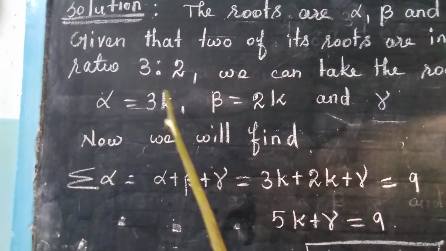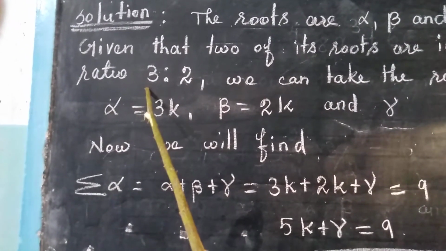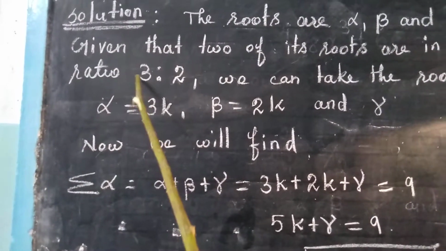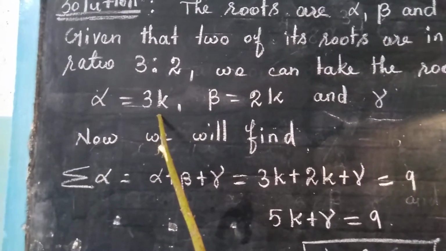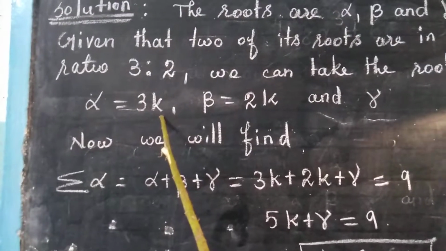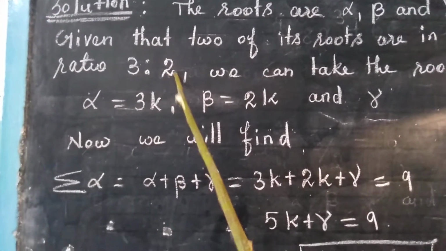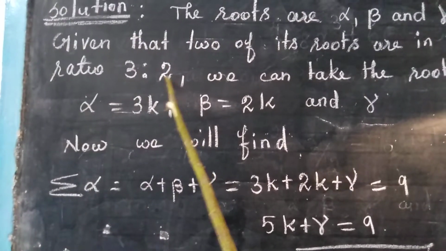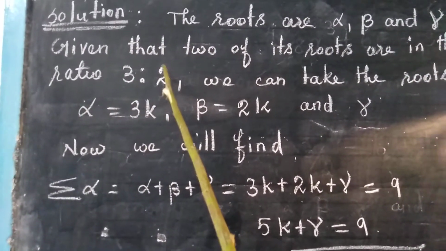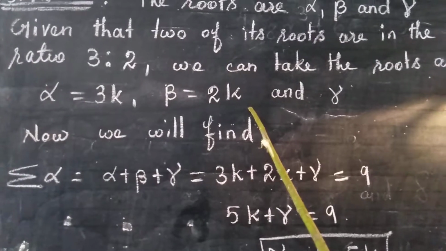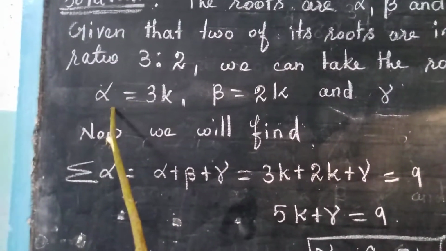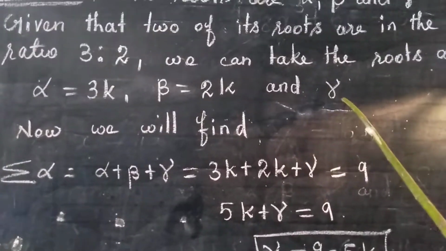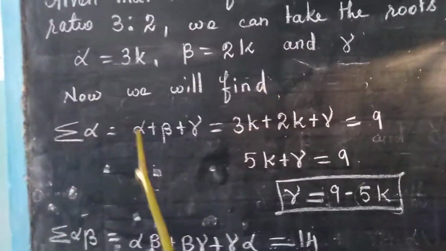The roots are in the ratio 3, so when you take this as the actual root we multiply it by k, so we get 3k. The same thing here also: we multiply with a variable, here k. If we multiply by k we get 2k. That is the way we got alpha is equal to 3k and beta is equal to 2k, and the third root we are taking as gamma.